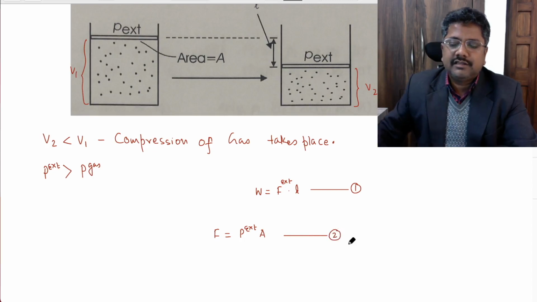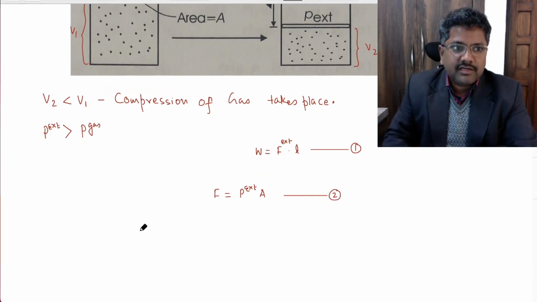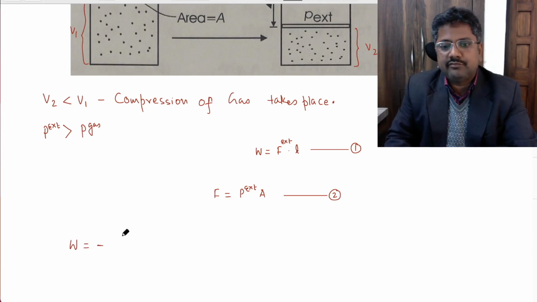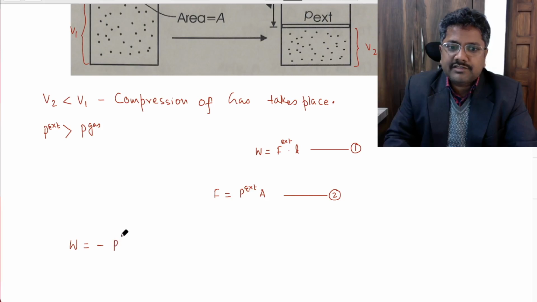So we can write here work is equal to minus, this is convention, I am putting this from my side, minus P external A into DL. This you can take DL.